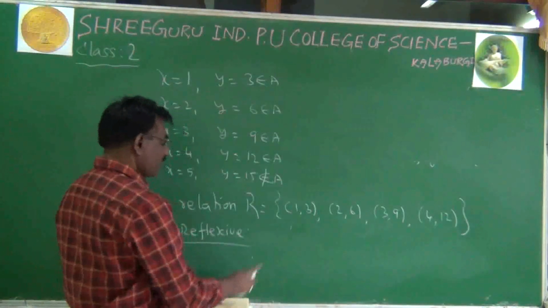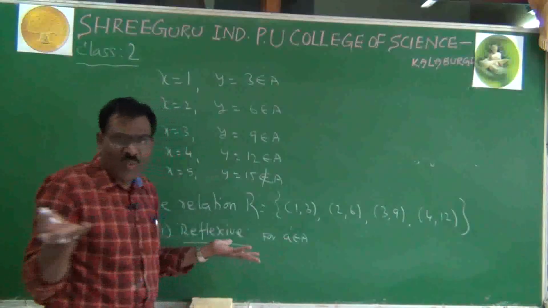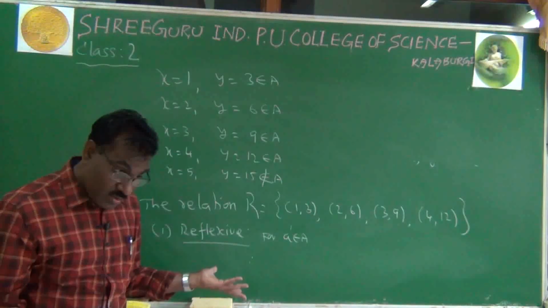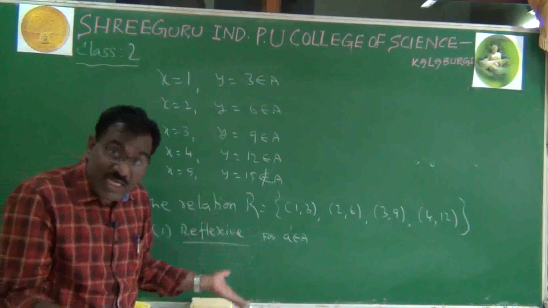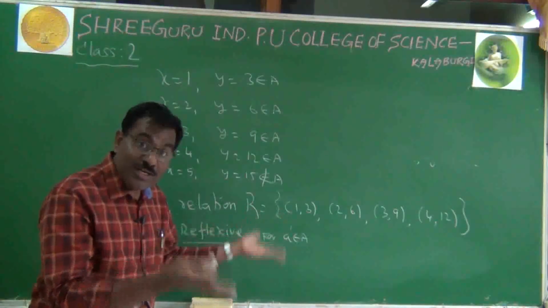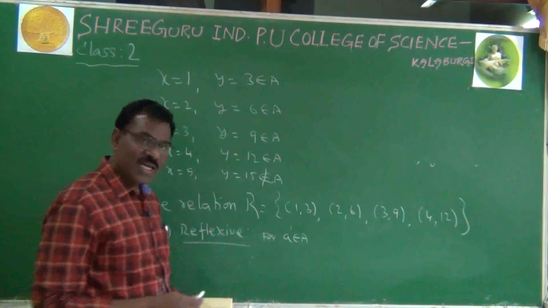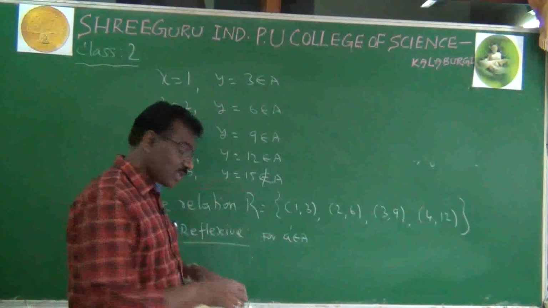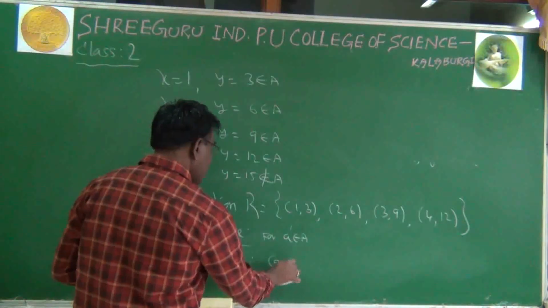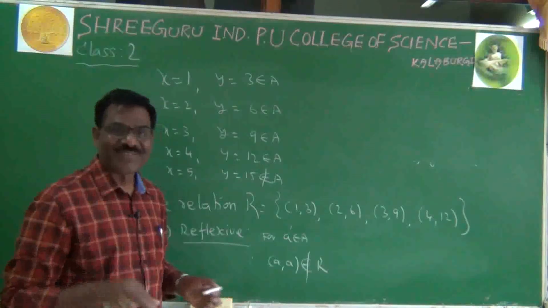I told you, for a belongs to set A, a may be 1, 2, 3, up to 14, whatever you choose. For a comma a, a comma a does not belong to R. It is finished.